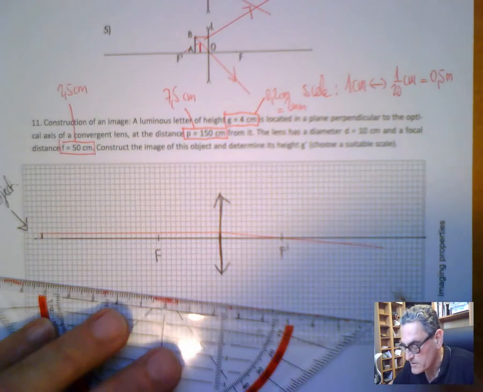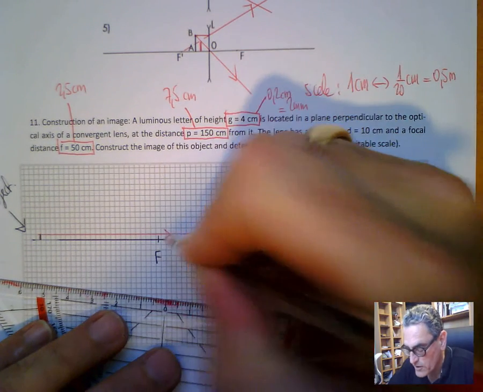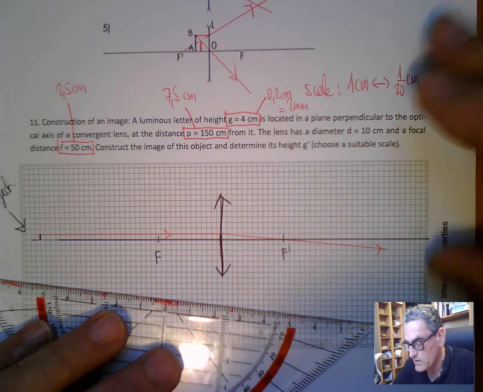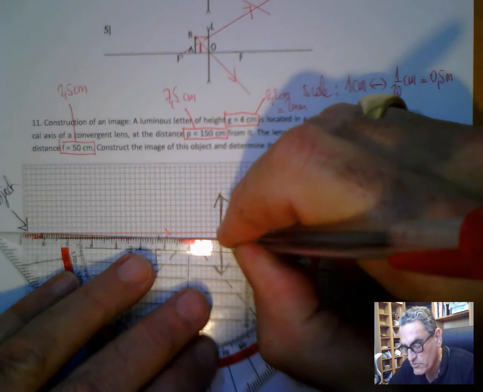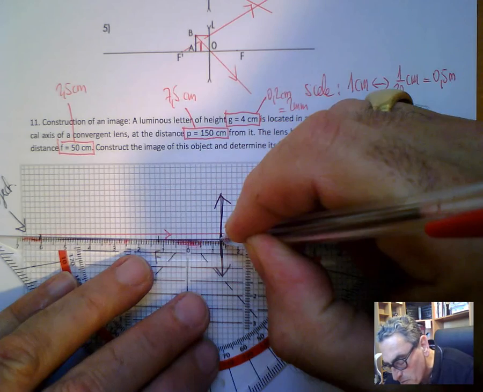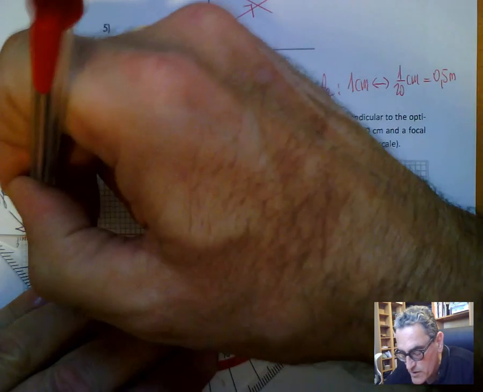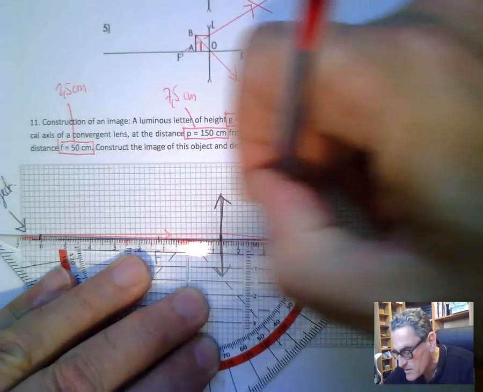and then it's going to go down to the focal point. That's one of the light rays. This is the one which is parallel to the optical axis, and then we have the other one which is passing through the center. Well, maybe this is not the greatest drawing I ever did.